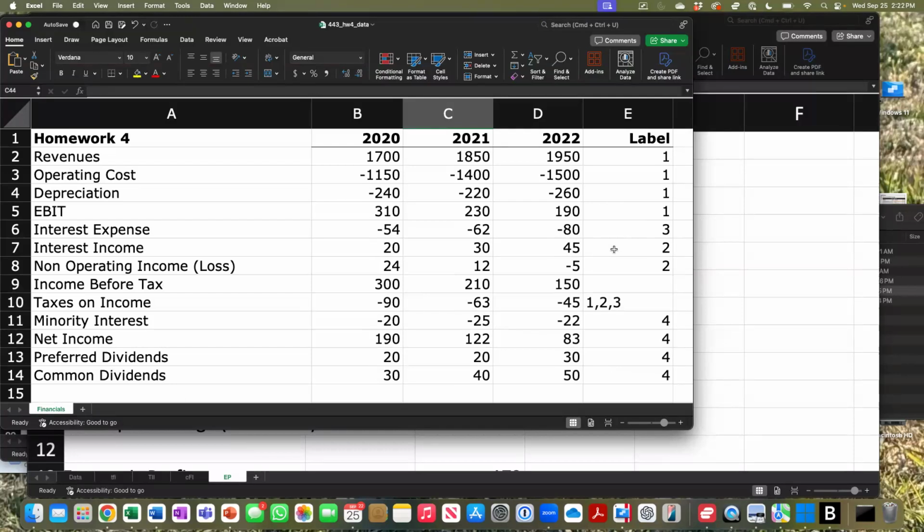And I know it looks scary because there's more data, but it doesn't matter. If you get the formulas right for the first year, you just copy and paste them over. So whether I gave you 3 years, 5 years, or 10 years, it would take the same amount of time.